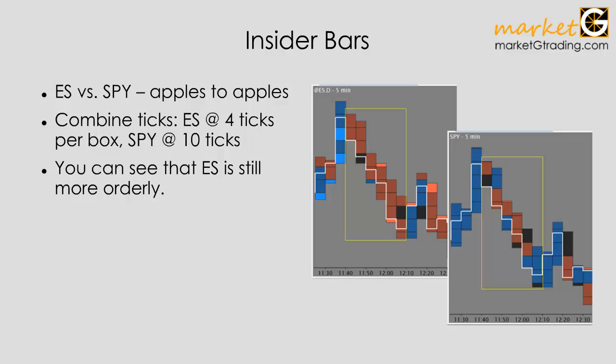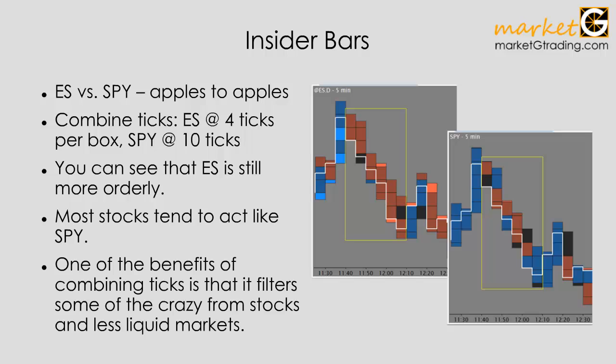And you can see that ES is still more orderly. You still see more bluish bars in a downtrend in SPY. And what you'll find as you explore insider bars is that most stocks tend to act like SPY.